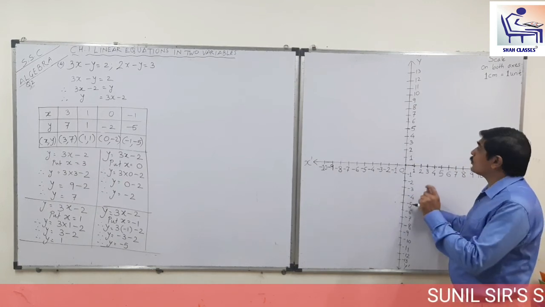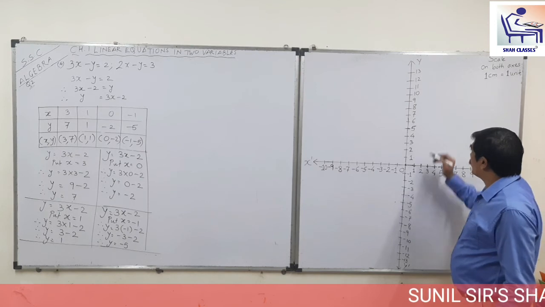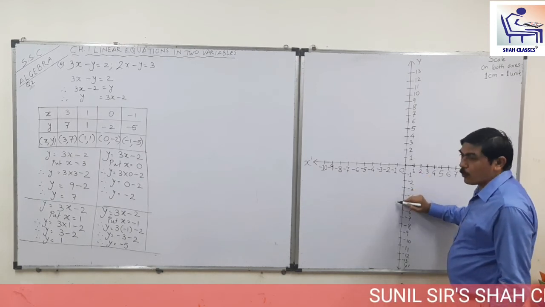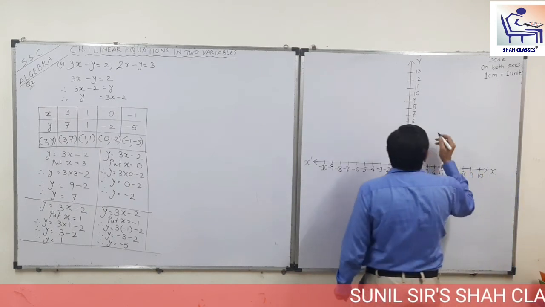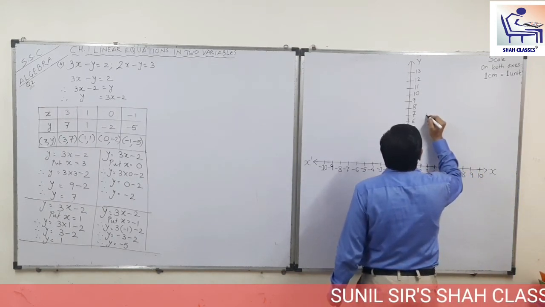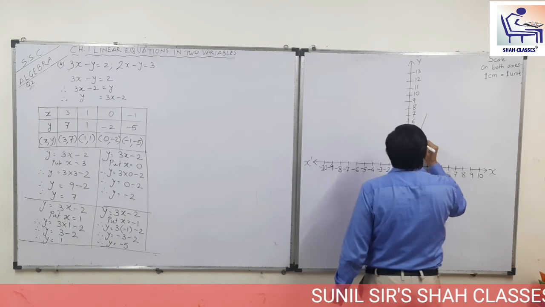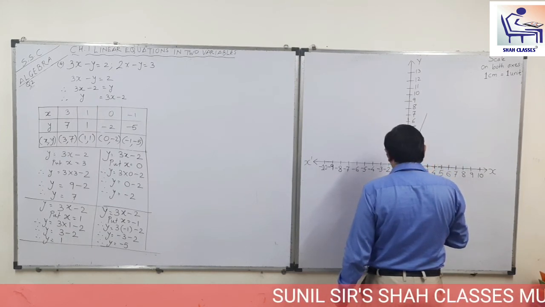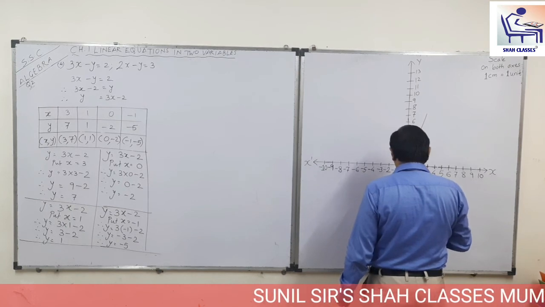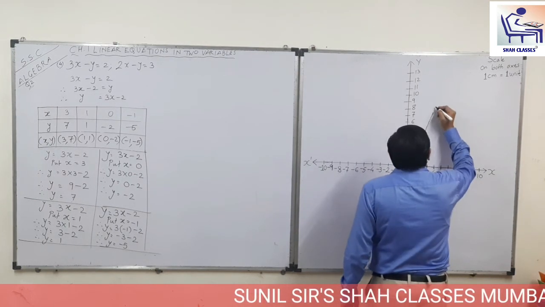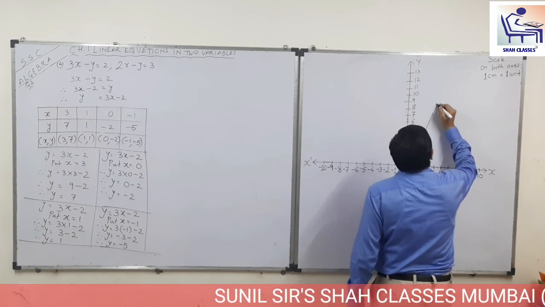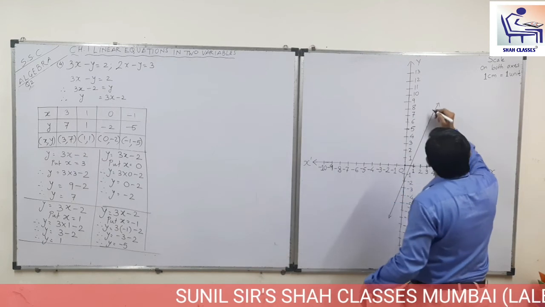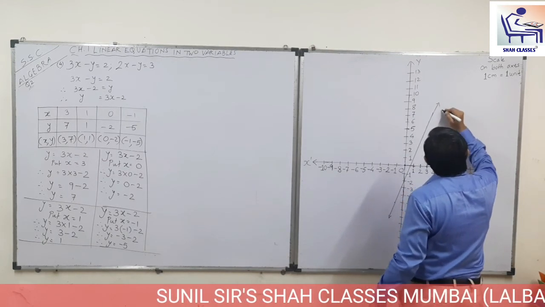Now we are going to join all these 4 points which we are getting here, 1, 2, 3 and 4. I am joining now these 4 points. So here we got the equation 3x minus y is equal to 2.